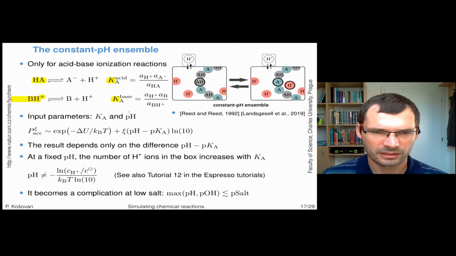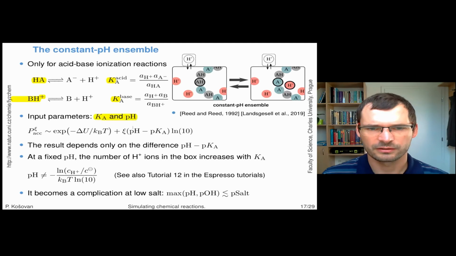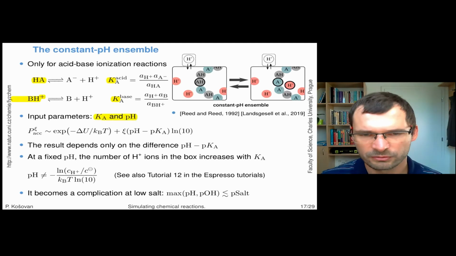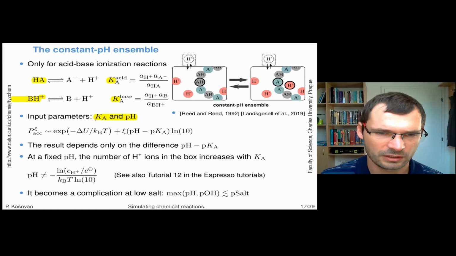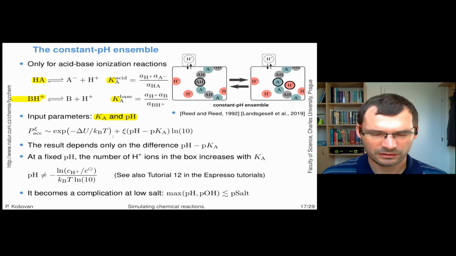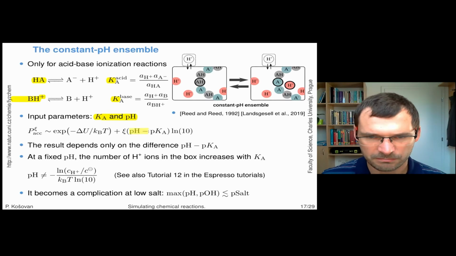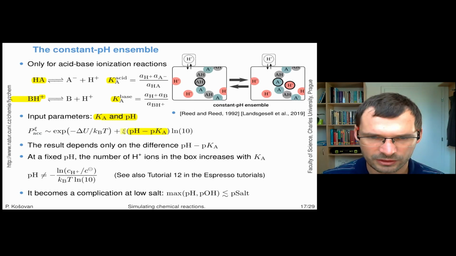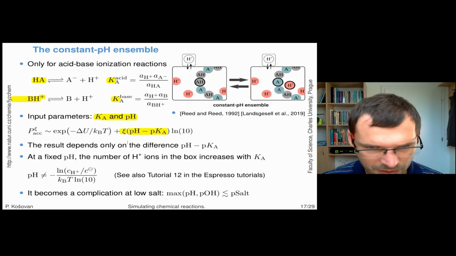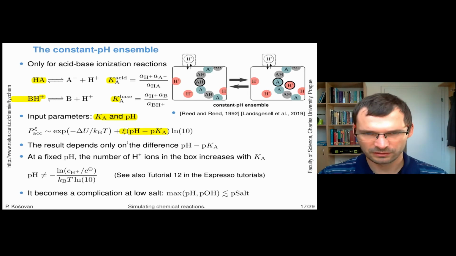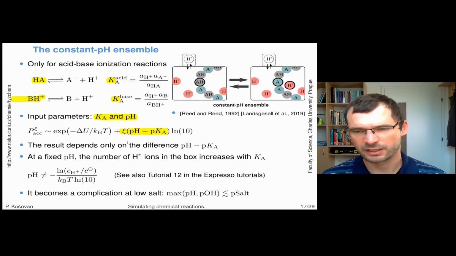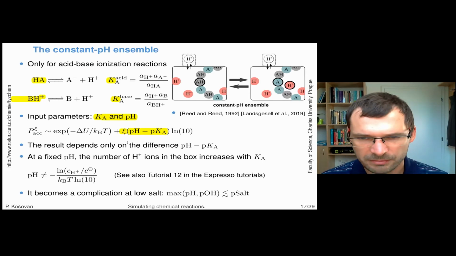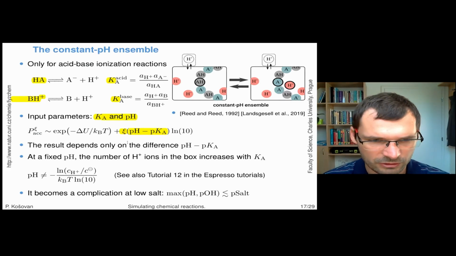The input parameters are those two components, that means the pH and the equilibrium constant. The acceptance probability depends explicitly on the difference pH minus pK and on the extent of reaction. That means also the result does not depend on the individual values of pH and pK, but only on the difference between the two of them.